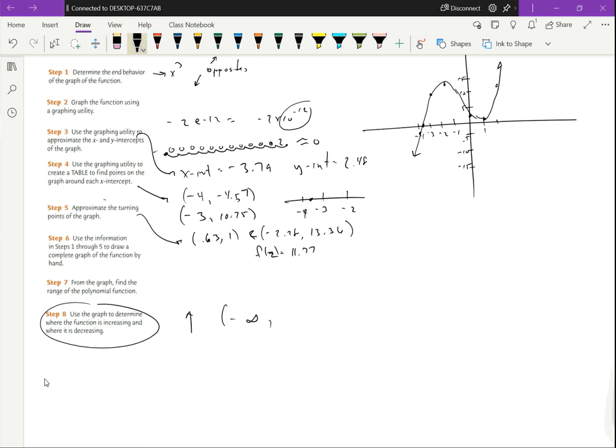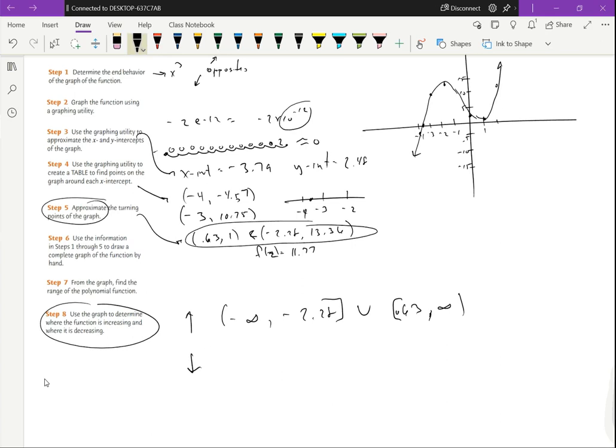Oh, yeah, step number 5 here. So these are the turning points. So we're going to go up to negative 2.28. And then again over here, wherever this turned, and that was 0.63. So we're going to join that again with 0.63 out to infinity. And we can go ahead and put the brackets next, so we're going to include those.